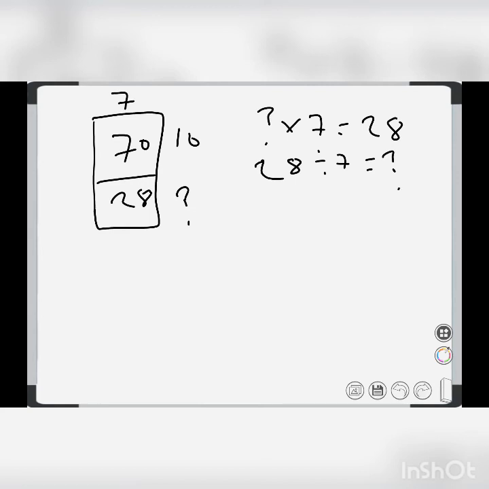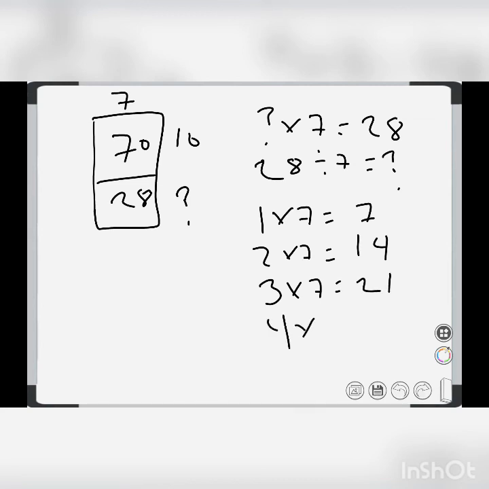All right, so if I know my multiples, 1 times 7 equals 7, 2 times 7 equals 14, 3 times 7 equals 21, 4 times 7, sorry, that looks like a K, equals 28. Good news, I found my number, I can stop.